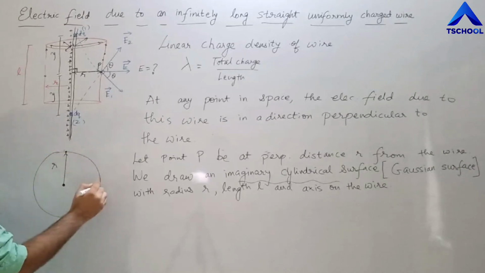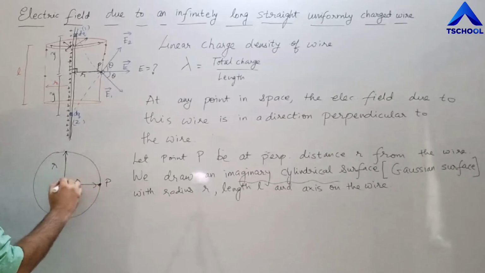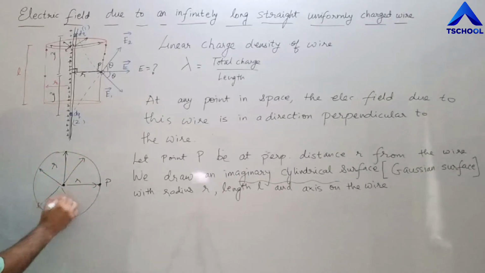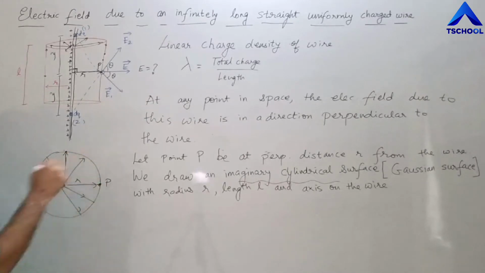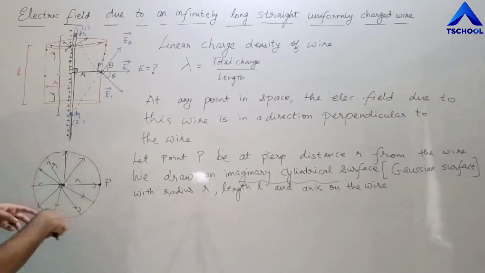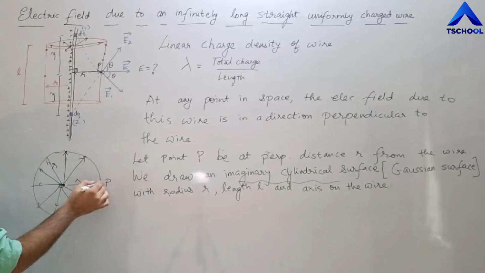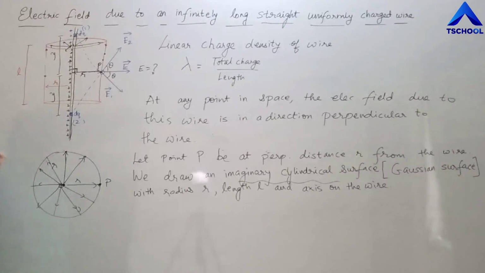So this is the radius R. Obviously this distance is going to be the same, and the electric field is going to come out from the wire radially outwards, along the radius of this cylinder. So whether you are talking about this point P or some other point anywhere on the curved surface of the cylinder, the electric field will be the same in magnitude, not in direction, as you can see. Again, this is a positive charge, that's why electric field lines are going up.